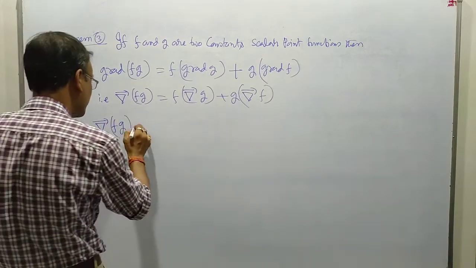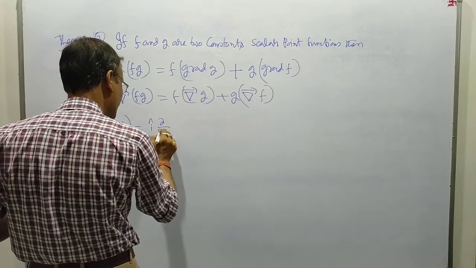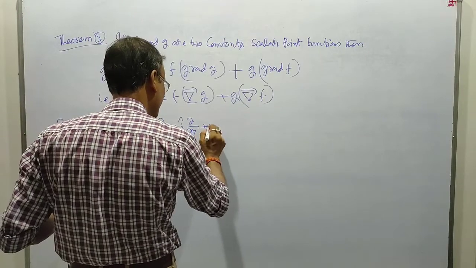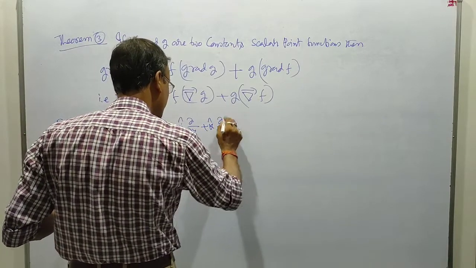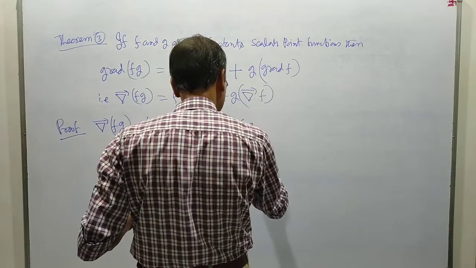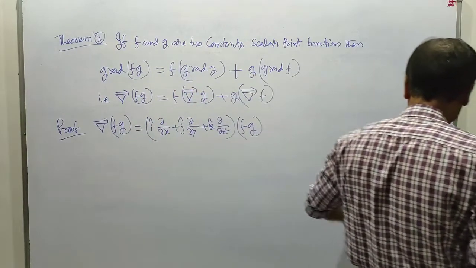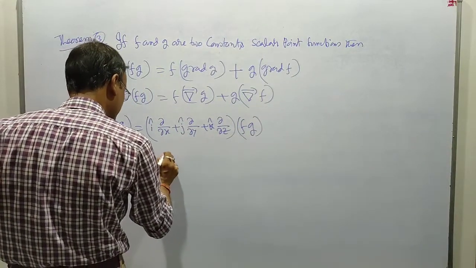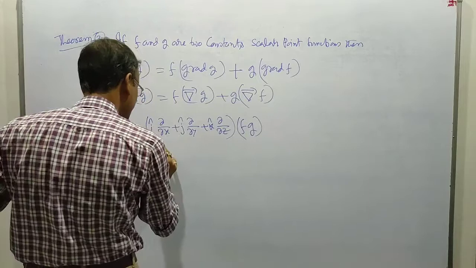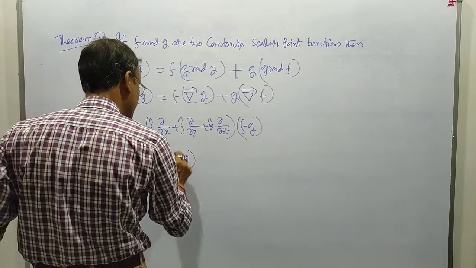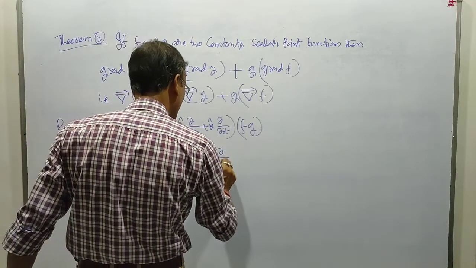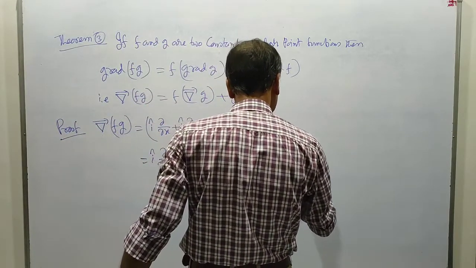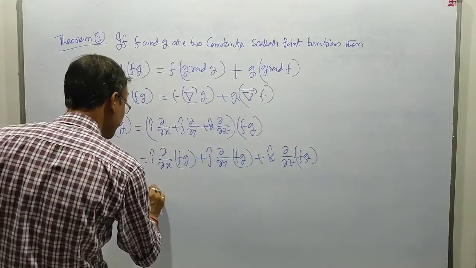Gradient of fg equals i cap ∂/∂x plus j cap ∂/∂y plus k cap ∂/∂z of fg. This is equal to i cap ∂/∂x of fg plus j cap ∂/∂y of fg plus k cap ∂/∂z of fg.